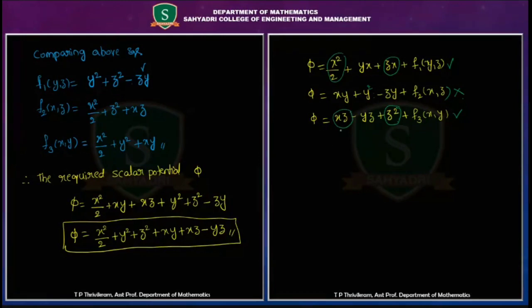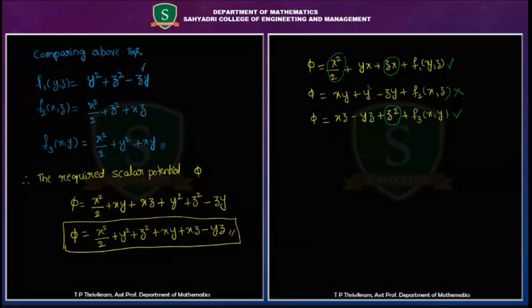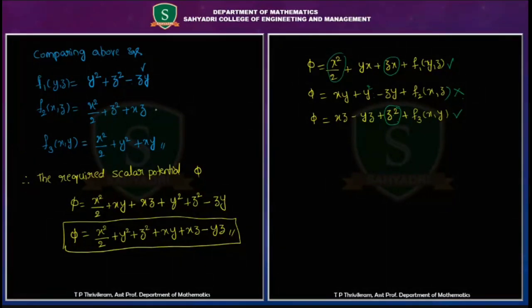This is also a function of xz. Among all these four, if any two are repeated, you have to write only once. So I have to eliminate either this or that. I have eliminated this. So the remaining three I have to write. That means x square by 2 plus z square plus xz. So this is the remaining part. Clear? Yes, sir. Understood.